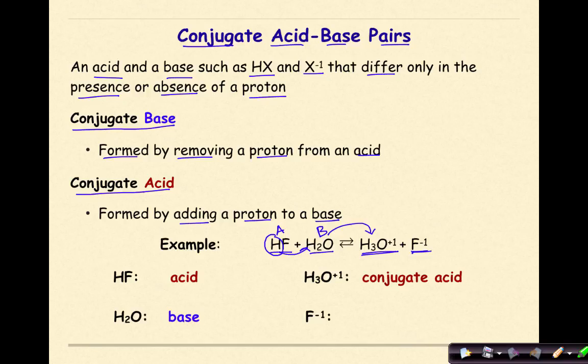The F-1 then must be the conjugate base. Again, we recognize conjugate acid-base pairs because they differ, like HF and F-1, by the presence of a hydrogen, or the H2O and the H3O+1, they just differ by a hydrogen. So that's another way of being able to recognize them.